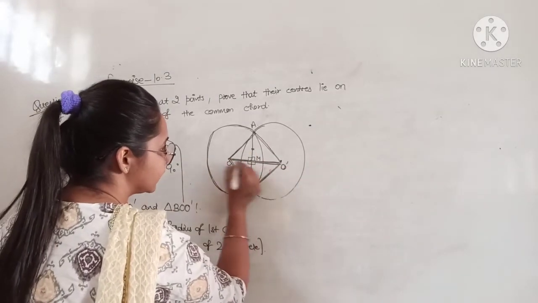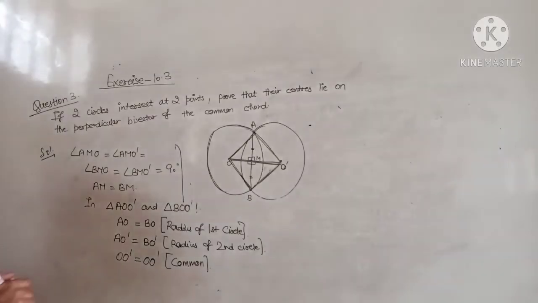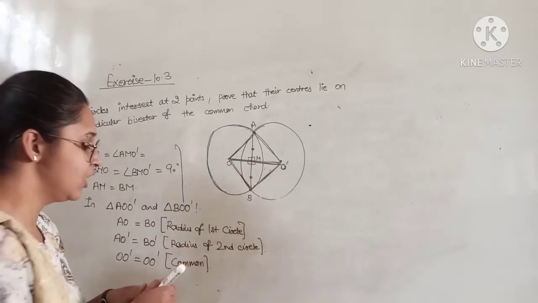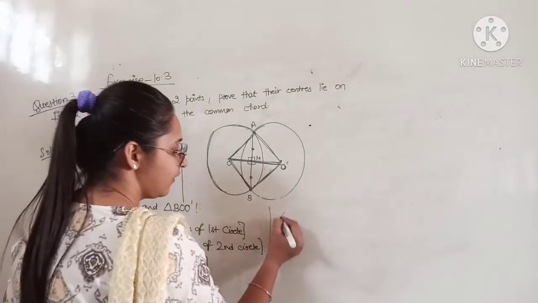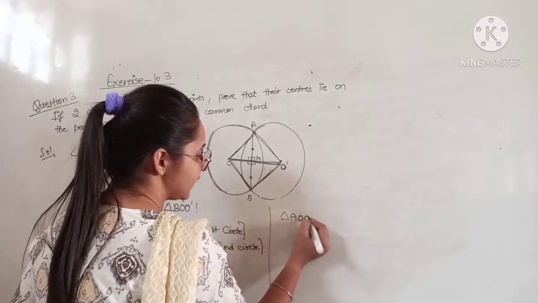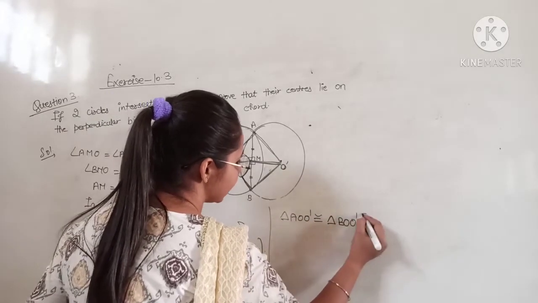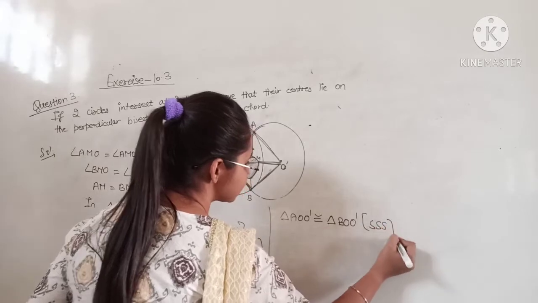And OO dash is equal to OO dash, that is common. So, side, side, side, triangle AOO dash is congruent to triangle BOO dash by the SSS congruency rule.